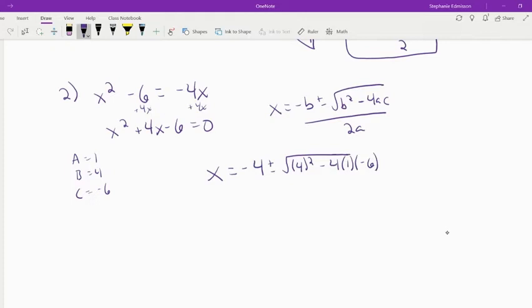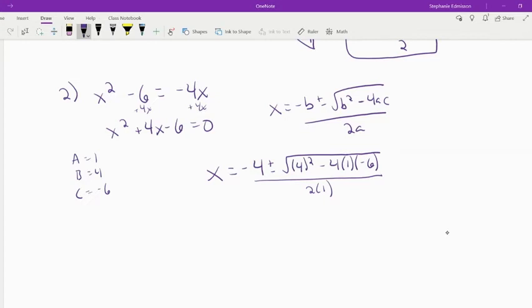And you want to make sure that your square root sign goes all the way. So if you realize your square root sign is a little short, just extend it. That way you don't accidentally think that something's outside of the root sign. Everything is in there. Over 2 times a is 2 times 1.